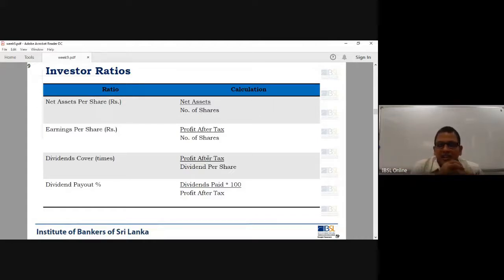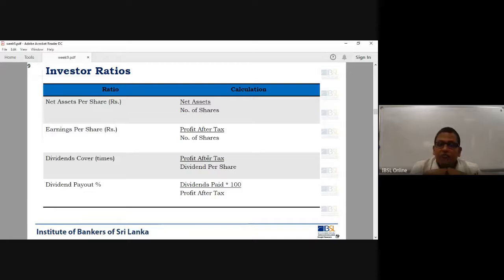It is a very simple calculation: net assets divided by the number of shares. Somebody may ask how to calculate the net assets: total assets minus the liabilities. Then we can derive the net assets, which is the equity value, the amount attributable to shareholders. That net assets value is divided by the number of shares.